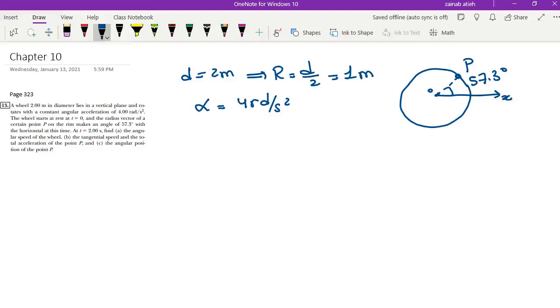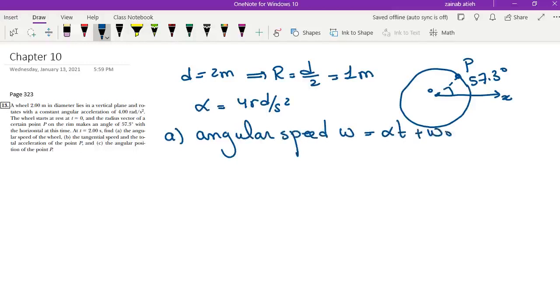So first I have to find the angular speed of the wheel. The angular speed is simply omega. Omega is equal to alpha t plus omega 0. I've used this method because I have a uniformly accelerated rotational motion. I've got the time, I've got alpha.